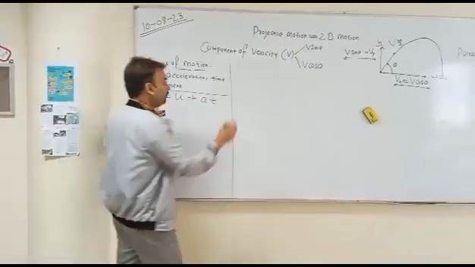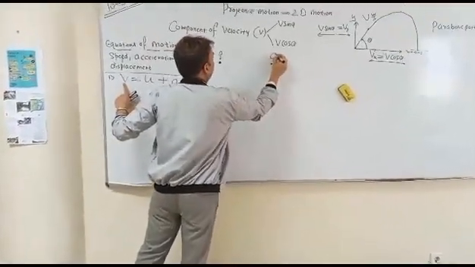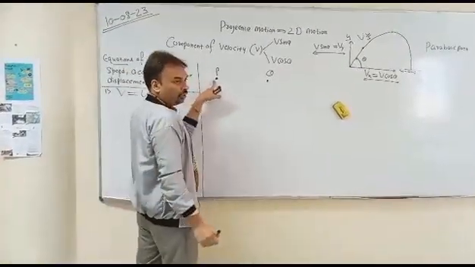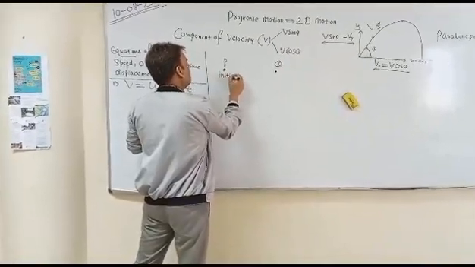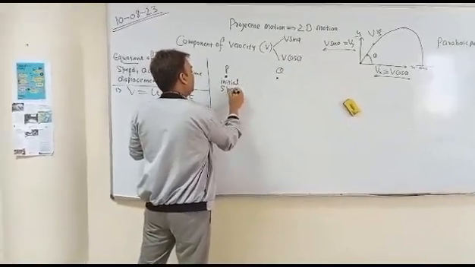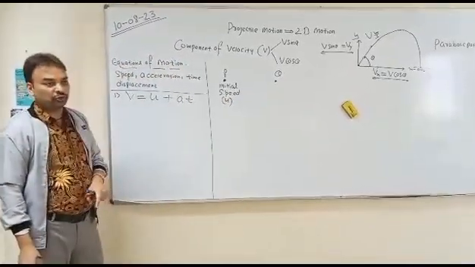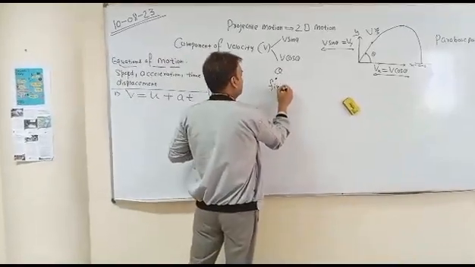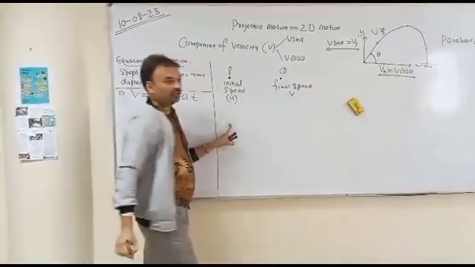If anything starts from point P and reaches point Q, when the object was at P, the initial speed can be written as u, and the final speed can be written as v.